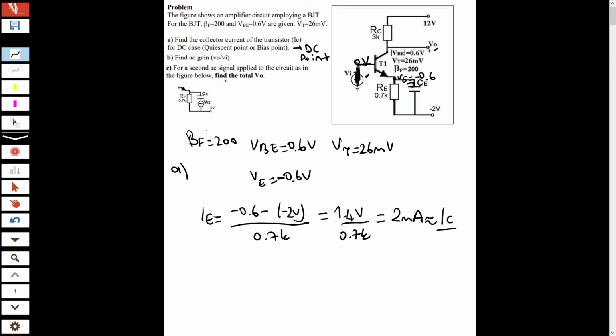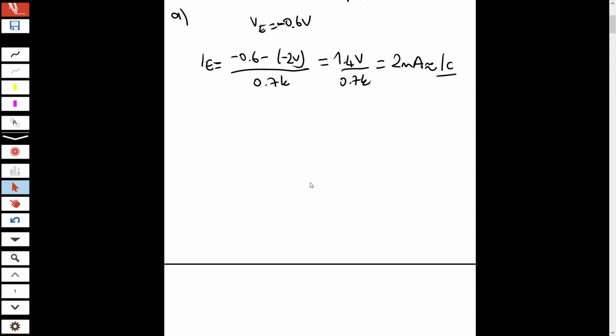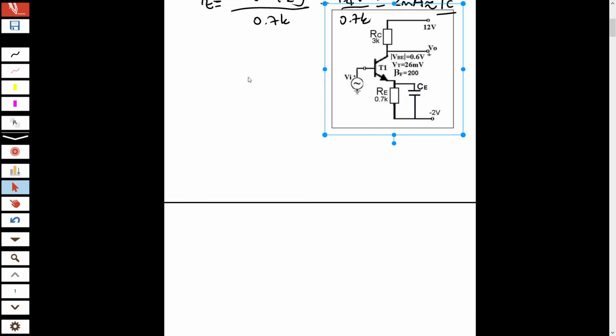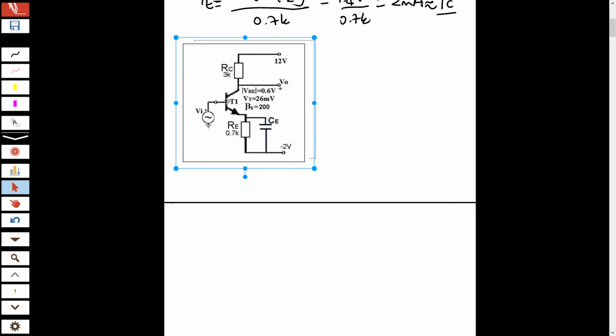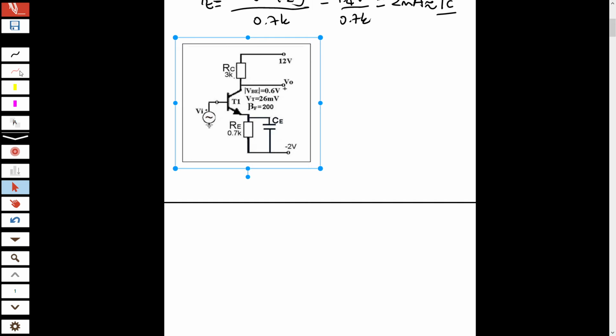When we look at the circuit, I will take this again. In AC analysis, remember, the capacitors are short circuited and DC voltage supplies will be grounded.